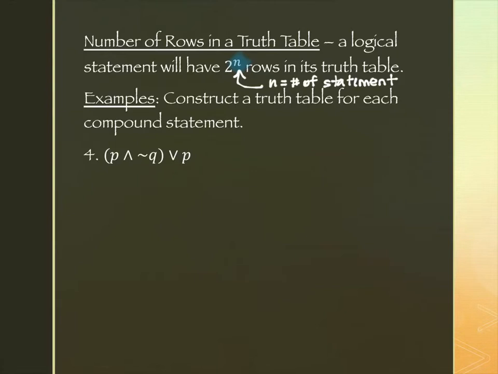So 2 squared is equal to 4, and I had the 4 rows, right? So 2 statements, I have 4 rows. What if I had 3 statements? How many rows would I have? 8. Yeah, I'd have 2 cubed, which is 8 rows.